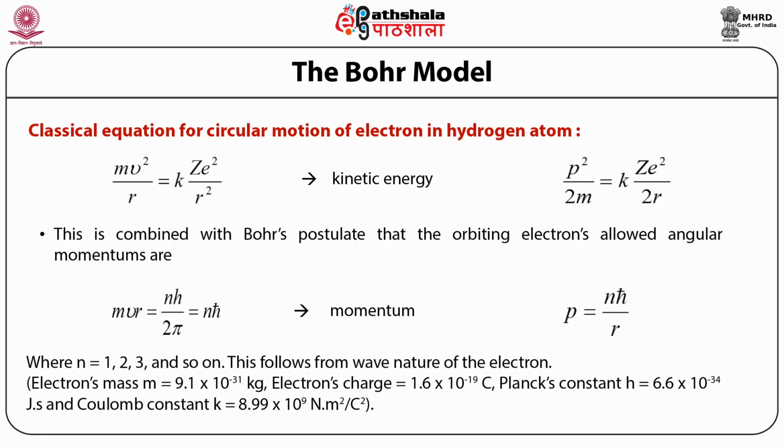So we write m v r, the angular momentum of the electron, is equal to an integral multiple of h cross. And what is the value of h cross? It is h by 2 pi, and it turns out to be about 10 to the power minus 34 joule second. So this equation tells you that the momentum of the electron is restricted to only discrete values, which is n h cross by r.